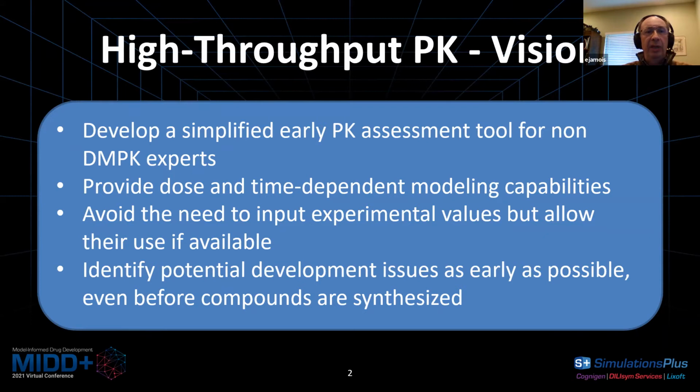The idea is to provide dose and time-dependent modeling capabilities, and to avoid the need to provide experimental values, at least initially, but then allow the use of experimental values later on if they become available.